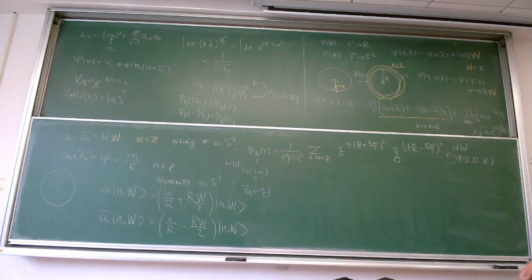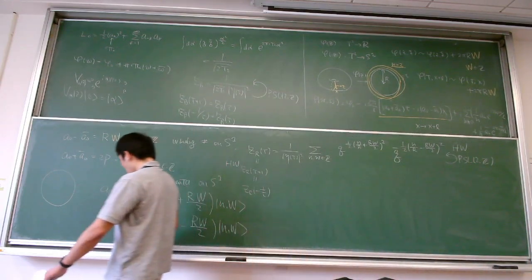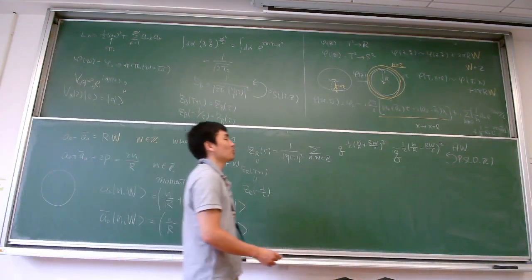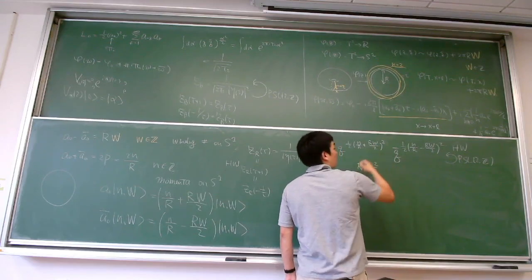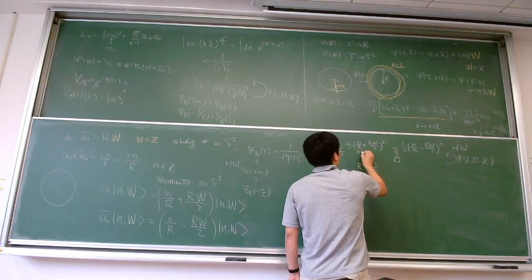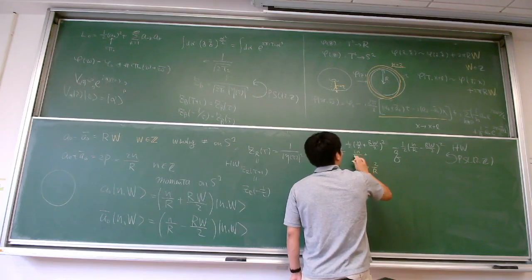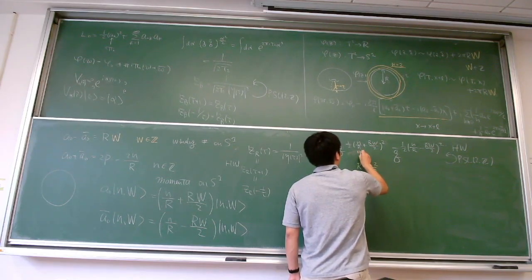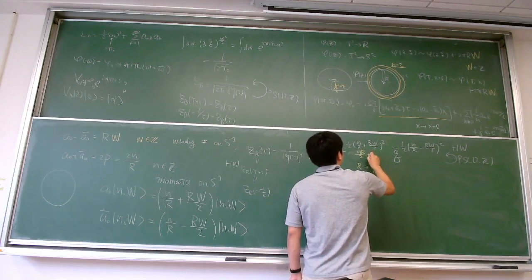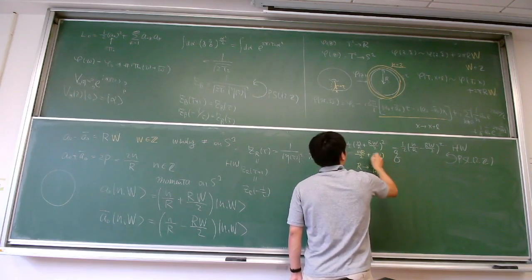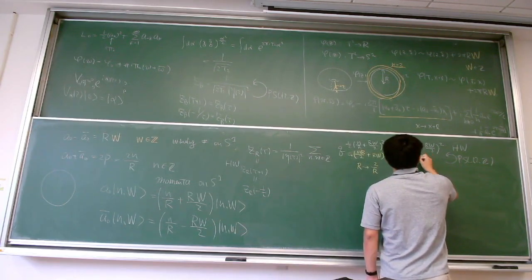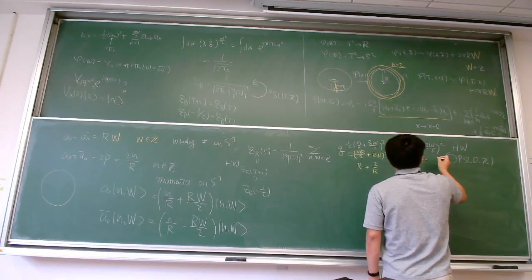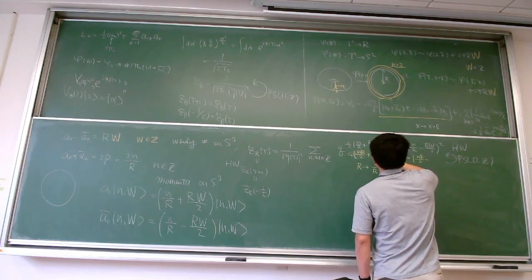And as you can easily see, if you swap R to 2 over R, the formula is exactly the same. So it becomes 2nR. This becomes this one, and this becomes what I'm writing.